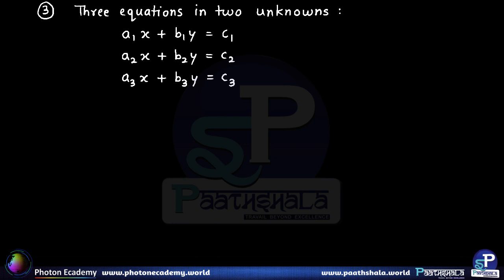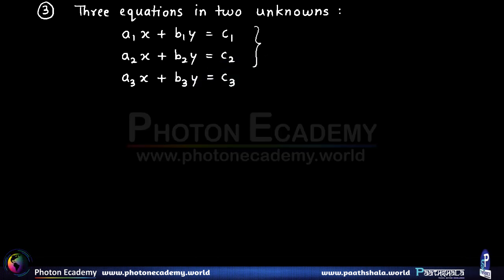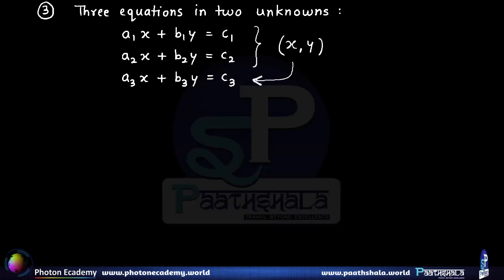If we think closely, for two unknowns we basically need only two equations, if at all there is a solution to that particular pair of equations. So that means if we find some solution x, y which satisfies the first two equations, that solution also must satisfy the third equation, so that we can say that all the three equations together have a common solution.